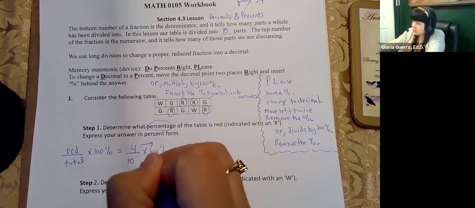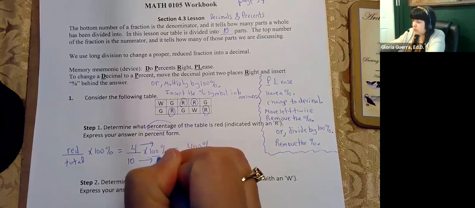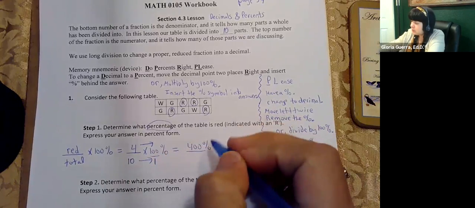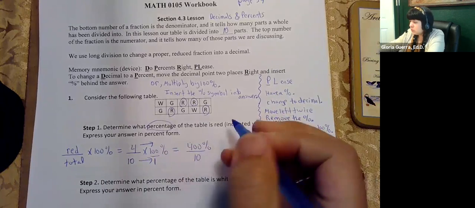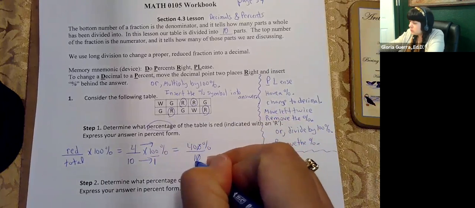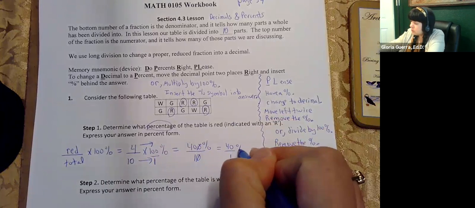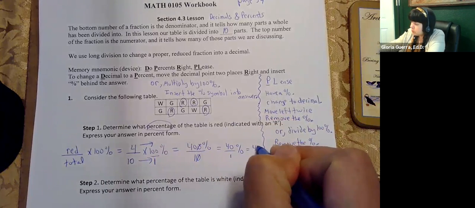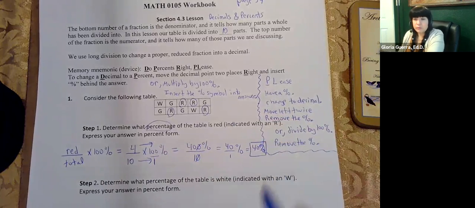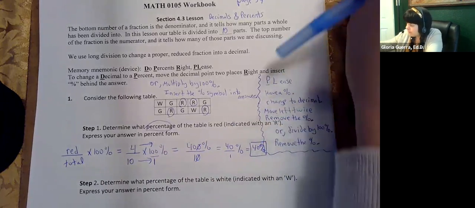And on the bottom, that's 10 times an imaginary 1, which is 10. The zeros cross out, so this is just 40 over 1%, which is just 40%. That would be your answer, 40%.